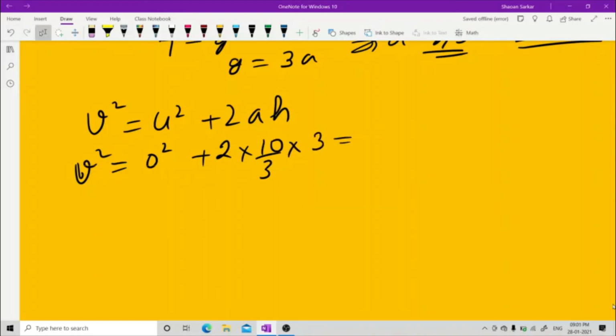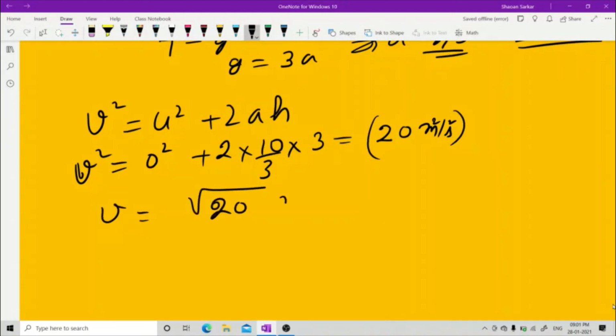So this is around 20 meter per second whole square, that is meter square per second square. So now V will be under root of 20 meter per second.